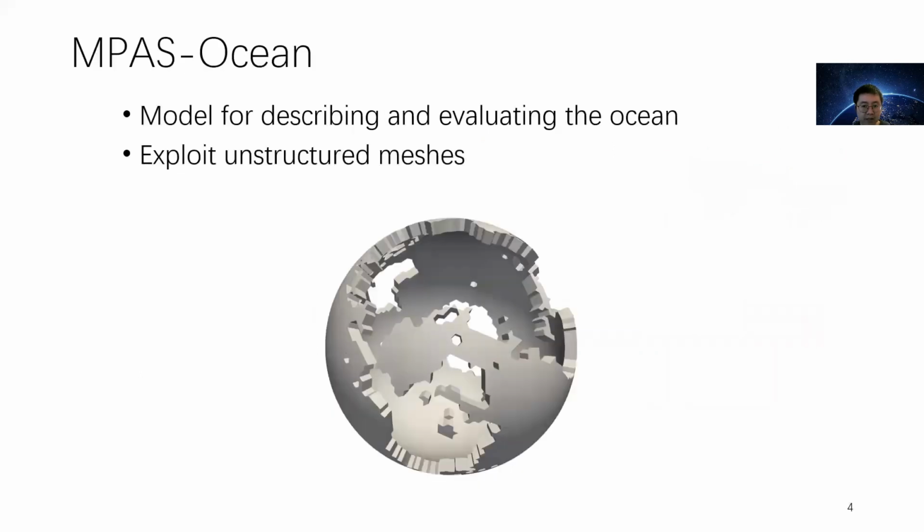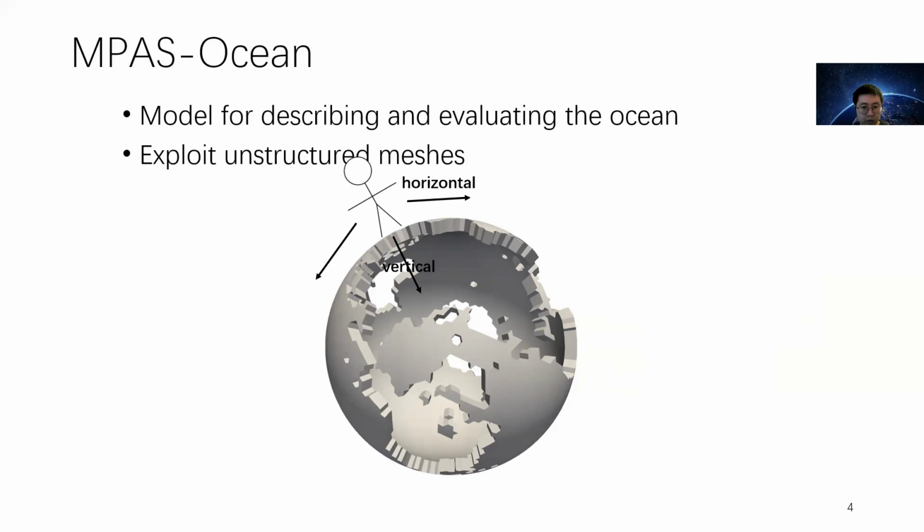Before talking about our method, let me first give an MPAS-Ocean model background. MPAS-Ocean is a model for describing and evaluating the ocean, as shown here. It exploits unstructured meshes for enhancing the resolution at regions of interest. And as the figure shows, in Earth science, the directions perpendicular to and consistent with the gravity are defined as horizontal and vertical, respectively.